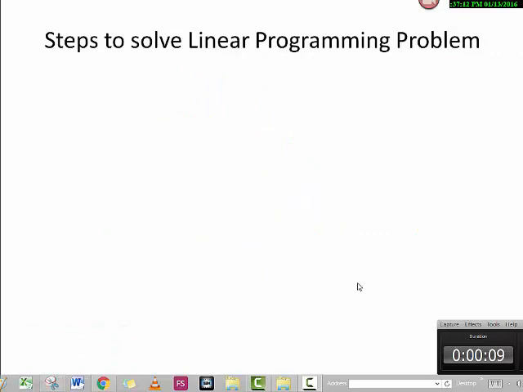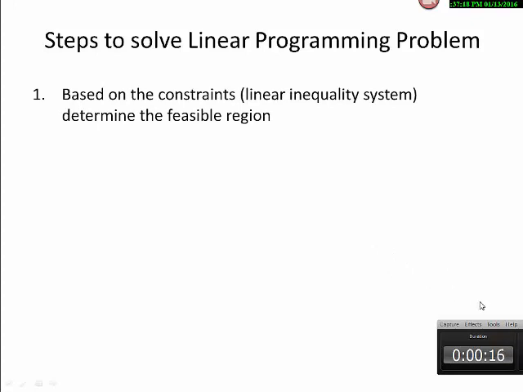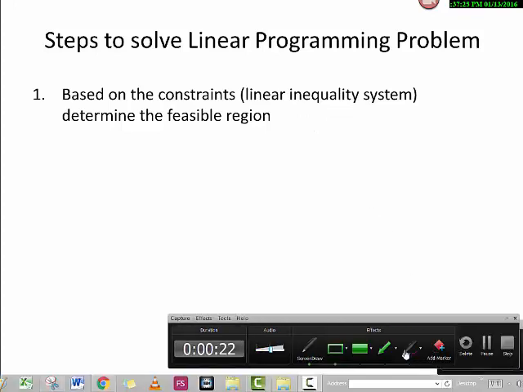Here are the general steps to help you solve a linear programming problem. First, based on the constraints, which is actually the linear inequality system, but in linear programming we call it constraints, we determine the feasible region.